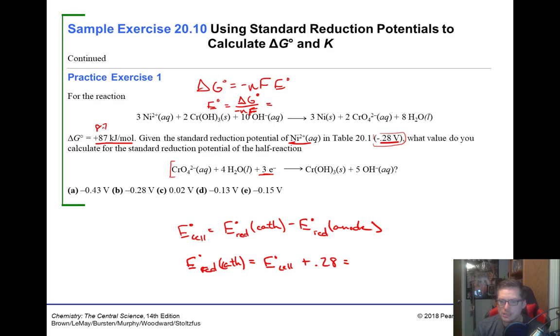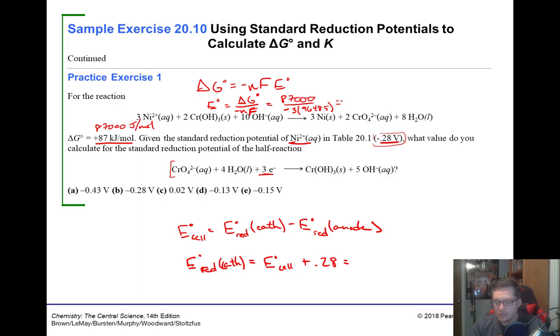So this would be 87,000 joules per mole. All right, so we take 87,000 divided by negative n, and our n here is the number of electrons, which is 3. So 3 times our Faraday's constant, which is 96485.